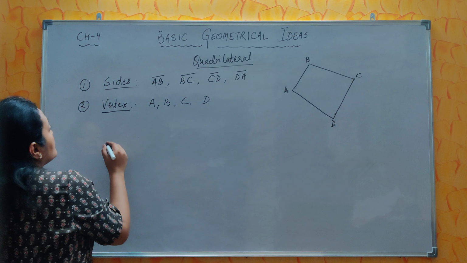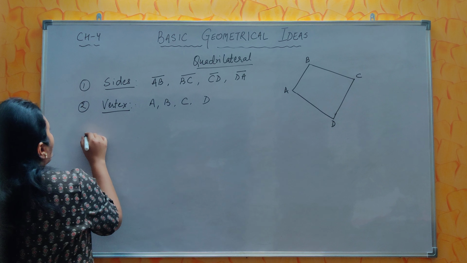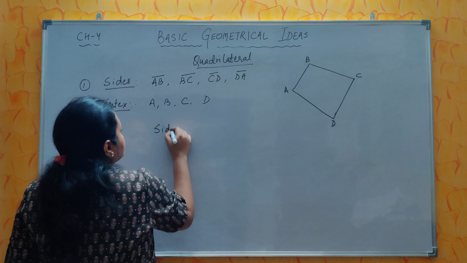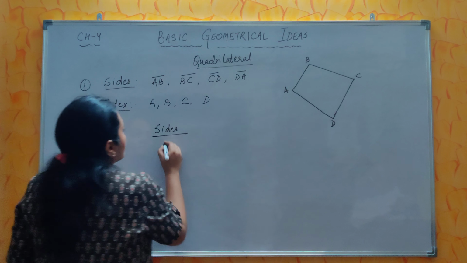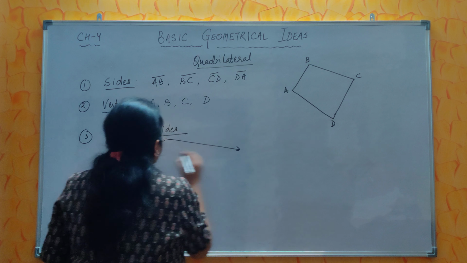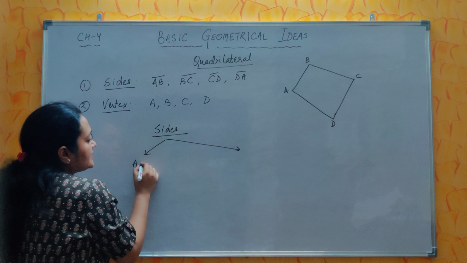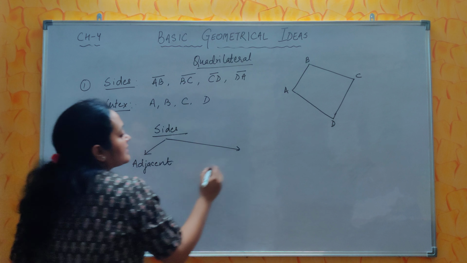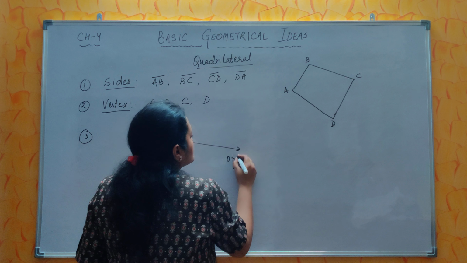Okay, now let's see what are the 2 types of sides. In a polygon, we need to understand what are adjacent sides and what are opposite sides.